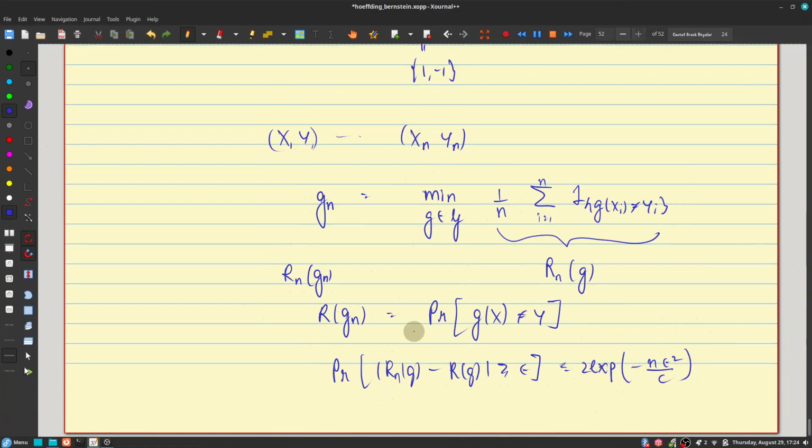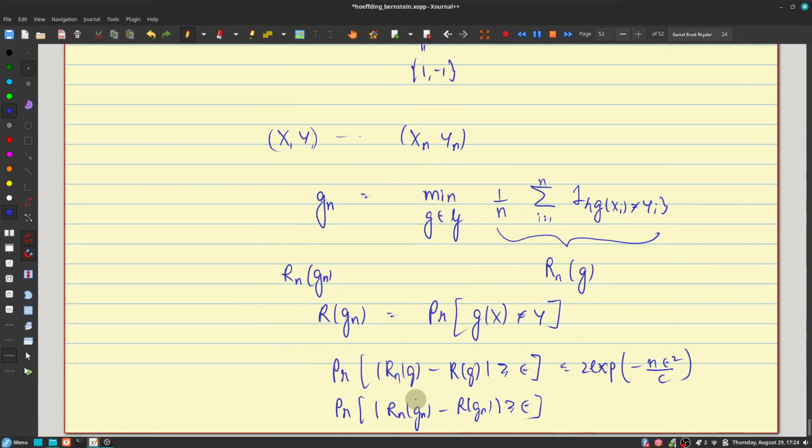So that will give me a bound on the probability that Rn of Gn minus R of Gn is greater than or equal to epsilon. My goal is to somehow try to bound this.